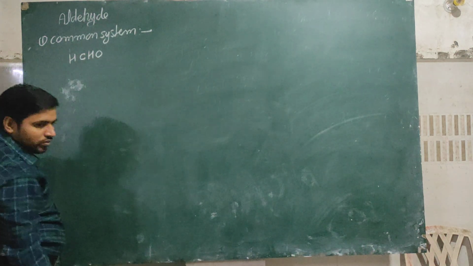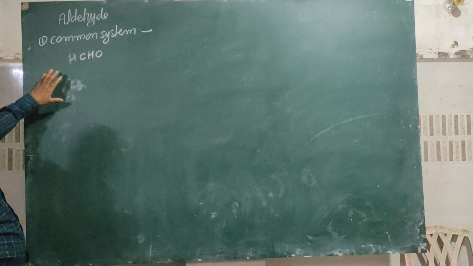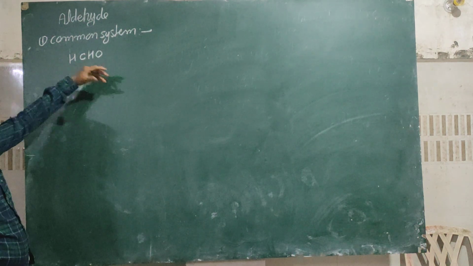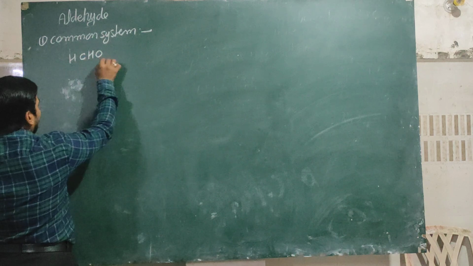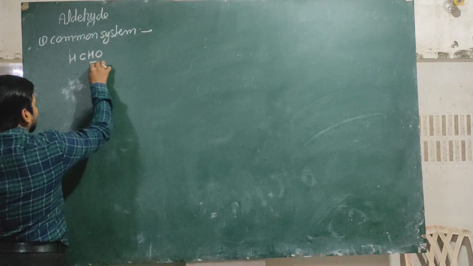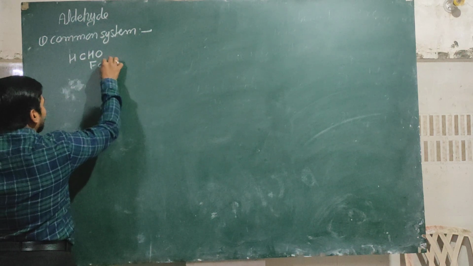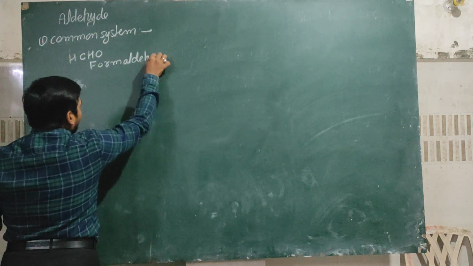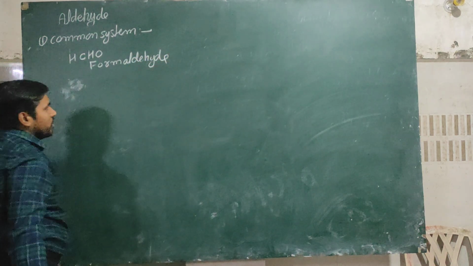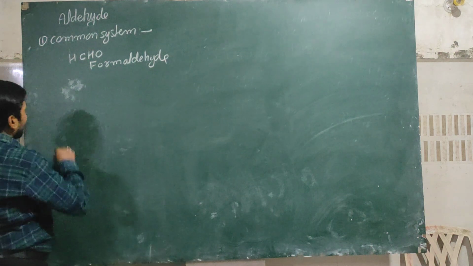It is the first aldehyde, which is known as formaldehyde, and originated from formic acid, and hence it is known as formaldehyde. The word formaldehyde originated from formic acid.